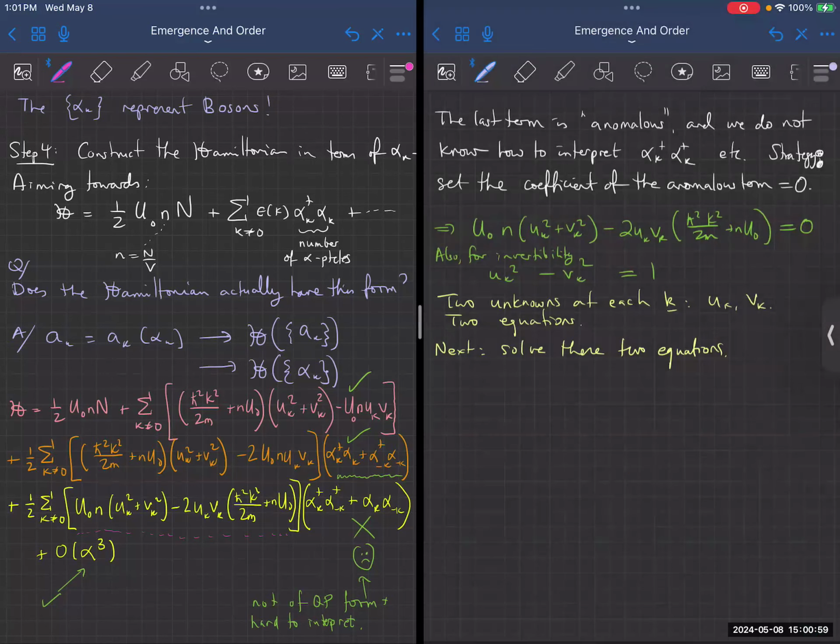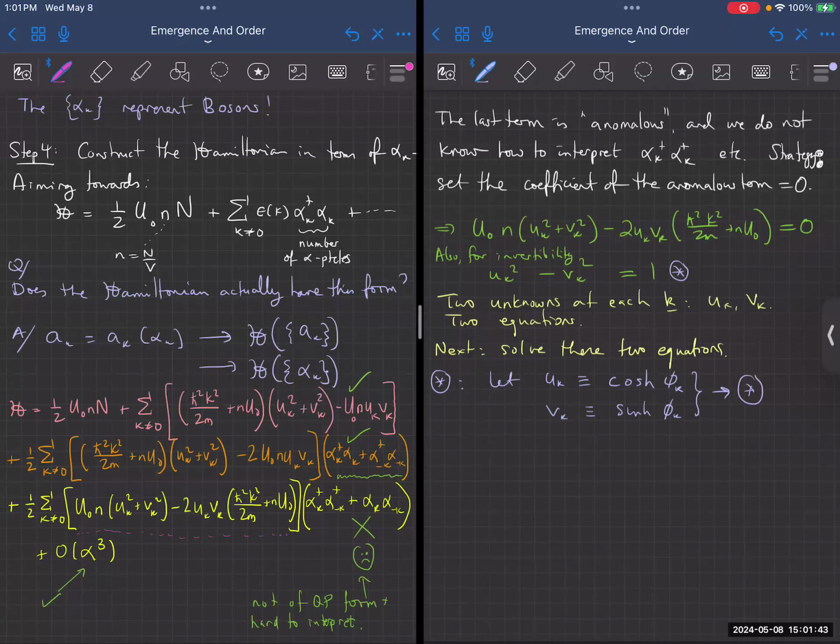So we're going to take the constraint and say let u_k be defined as the hyperbolic cosine of some new variable, cosh of phi_k, and v_k be defined to be sinh of phi_k. If those things are true, then this automatically gives us the equation star, that u_k squared minus v_k squared is equal to 1.